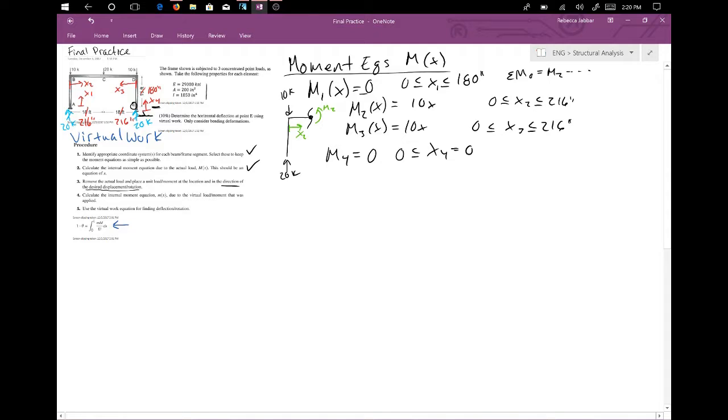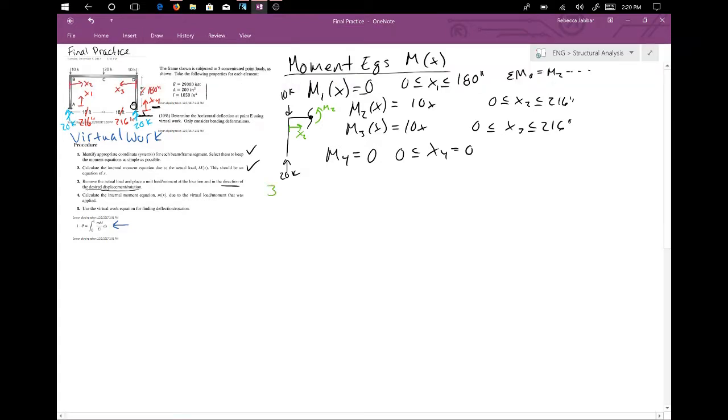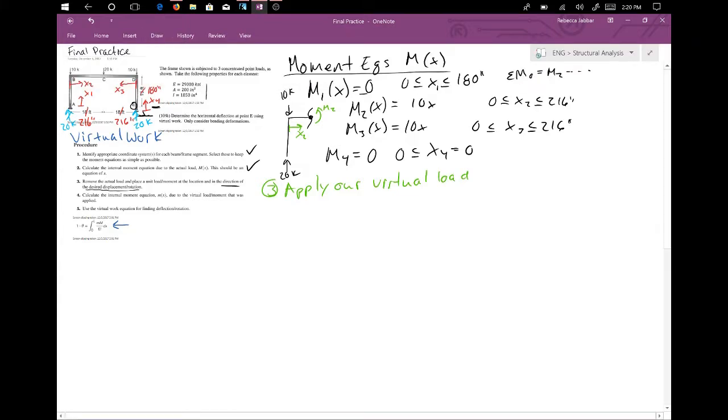Ignore how messy this original one is looking. So this will be step 3. Apply our virtual load. And again, let's just make a real simple wireframe. It'll be something like this.